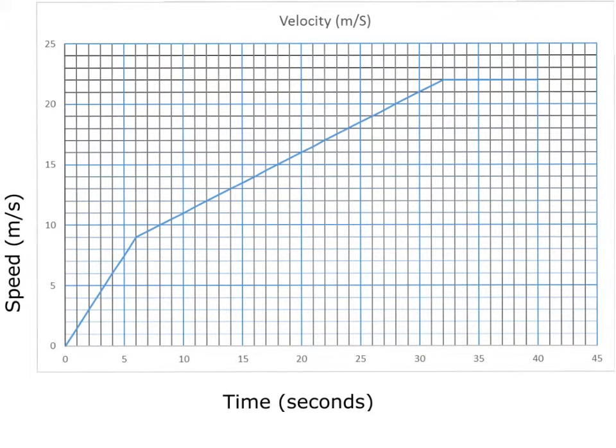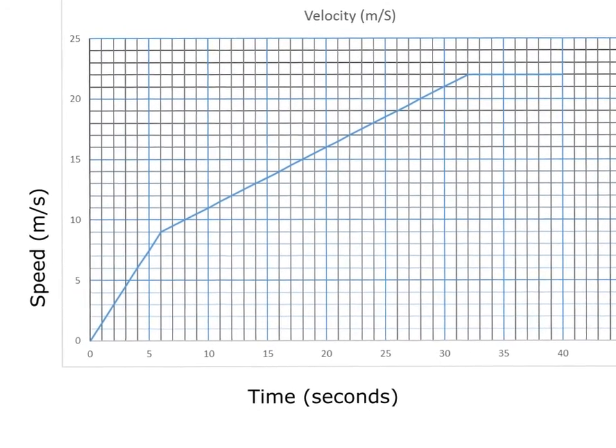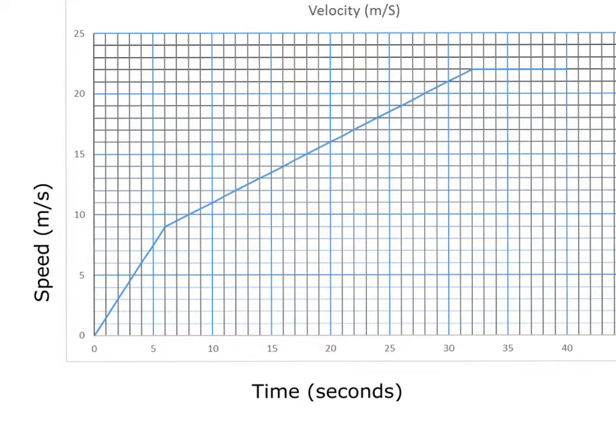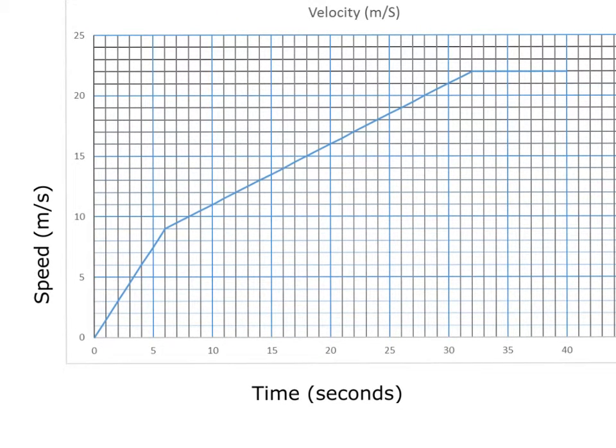Another thing you should be able to do is work out the distance traveled. And remember, this you can do only with speed time graphs. You cannot do this with a distance time graph. All you have to do is work out the area covered by sections of the graph. Then you have the distance traveled in 6 seconds. For example, the area of this triangle will give you the distance traveled in 6 seconds.